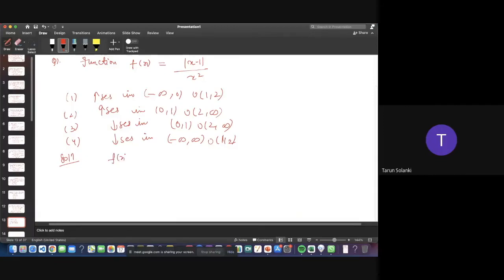So f(x) is equal to mod x minus 1 divided by x square. So which means x minus 1 divided by x square when x is greater than 1. Similarly, 1 minus x divided by x square when x is less than 1, x is not equal to 0. Right?